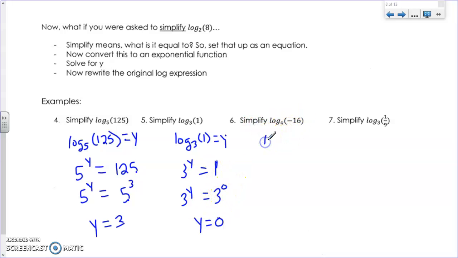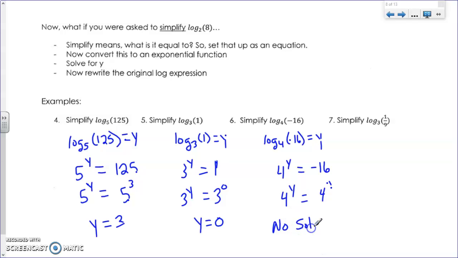Okay, so here we're going to have log base 4 of negative 16 equals y. 4 to the y equals negative 16. Can I raise anything? If I make this the base of the 4, 4 to what will give me a negative 16? Nothing. If I square it, it won't give me negative, okay? So this would be no solution. Undefined, no solution. Because no power of 4 will give you a negative 16.